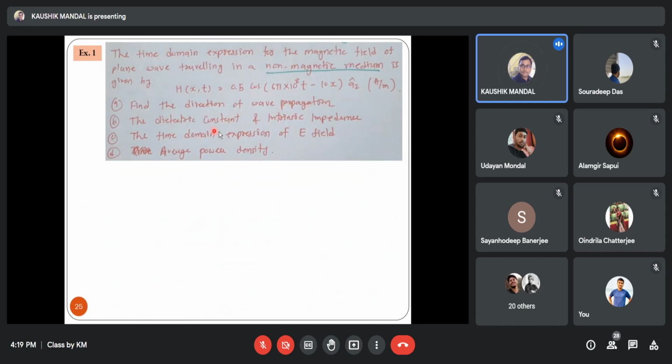Next, find out the dielectric constant and intrinsic impedance. Then find out the time domain expression of the electric field, and finally find out the average power density. So basically a time domain expression for the magnetic field is given for a non-magnetic medium, and you have to find out the direction of propagation. So start one by one.